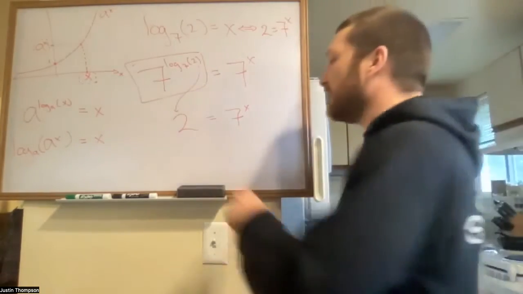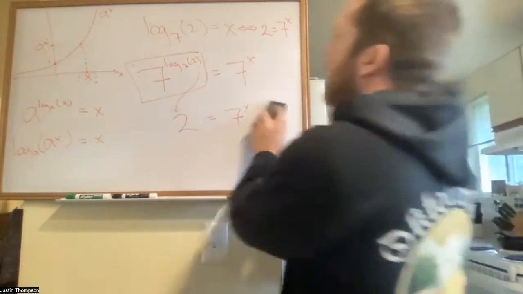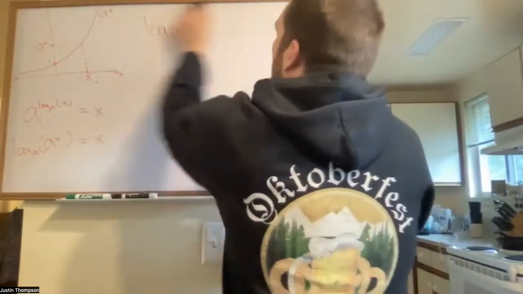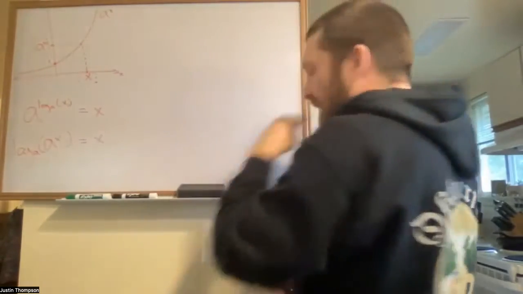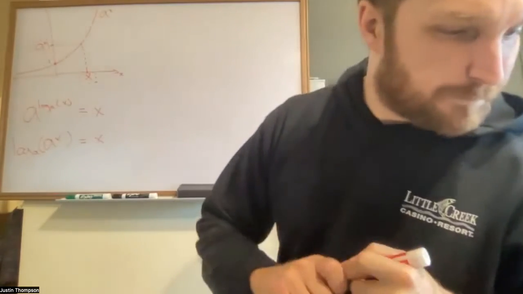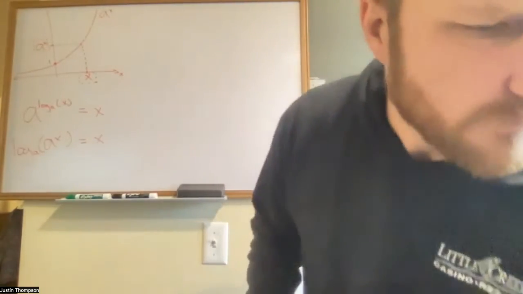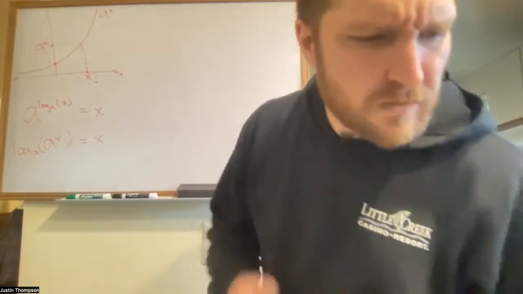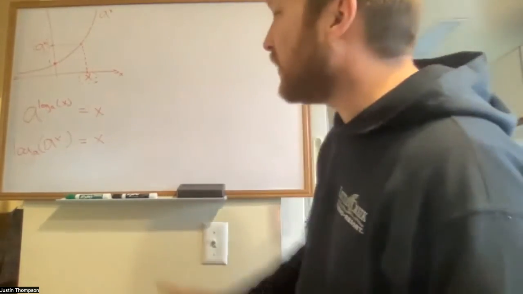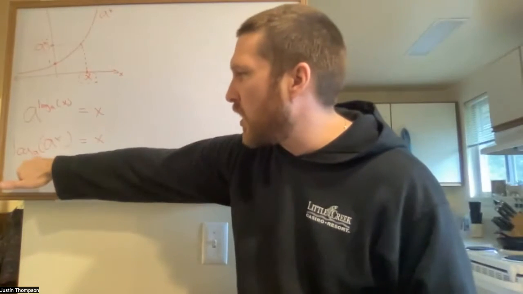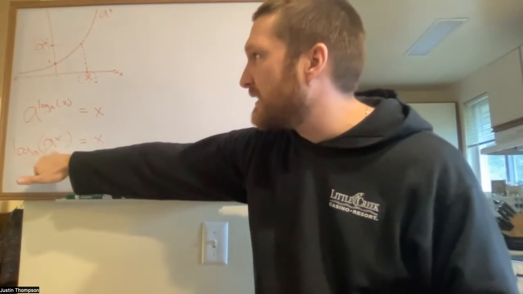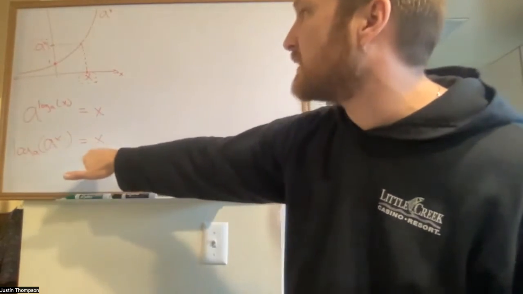The last thing we need to talk about, it should not be too bad, is you're going to get stuff that looks like this. We also have this one right here: log base a of a to the x equals x, right?